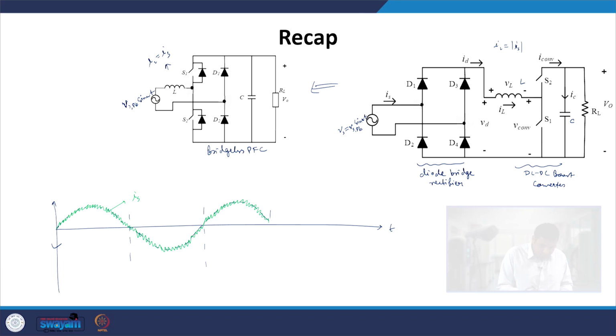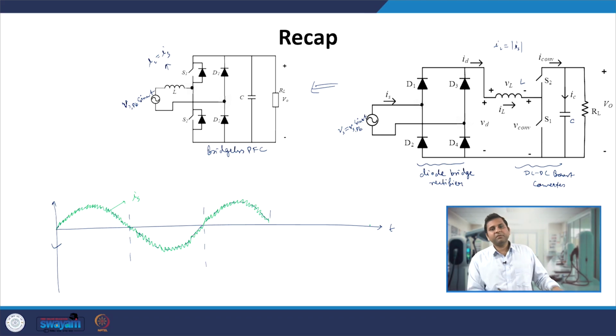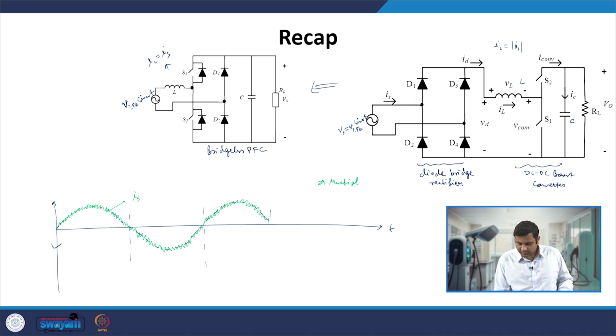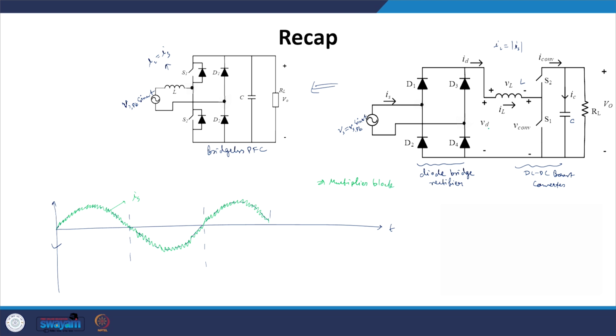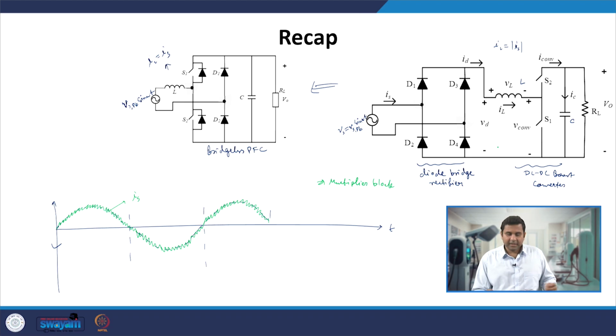To ensure this, we have seen the closed loop control, where we require a very important thing, which is the multiplier block. In the case of the bridge boost PFC, we multiply with the modulus of sin omega t, while in the case of bridgeless PFC, we directly multiply with the unit sine signal, sin omega t.